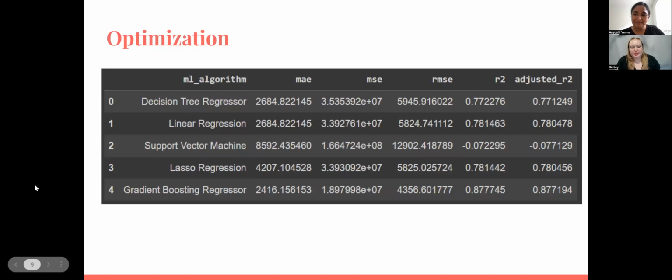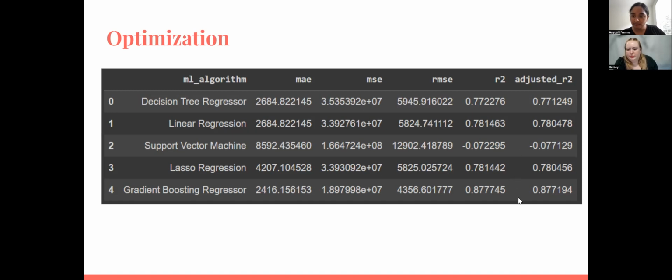So for the optimization, you can tell that the gradient boosting regressor, number 4 here, had the best adjusted R-squared. It was clearly a better R-squared by a good amount, with 0.78, and then the other numbers continued to be second and third.